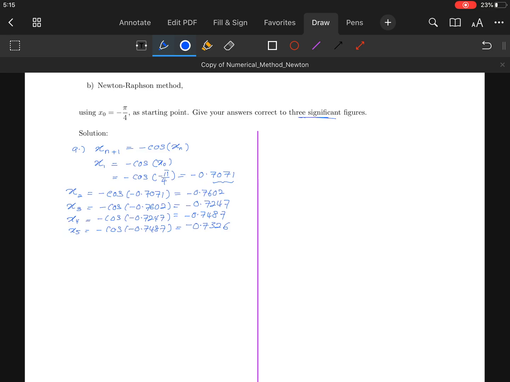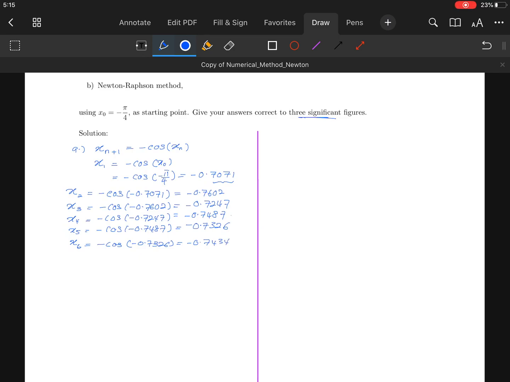Up until x5, you can still see that the value is still changing, going up and going down, going up and going down. But it seems that it is bounded by a certain value. It's still in the range of 0.7 something. So we might want to continue more. If you continue, from 0.7326 you will get negative 0.7434.